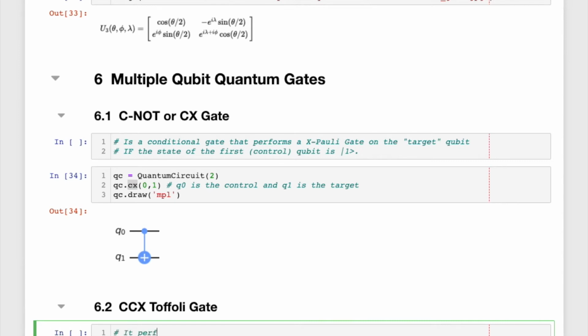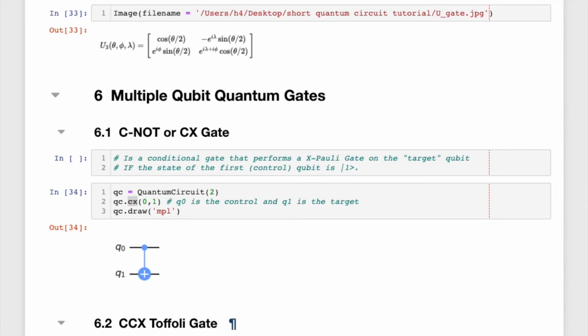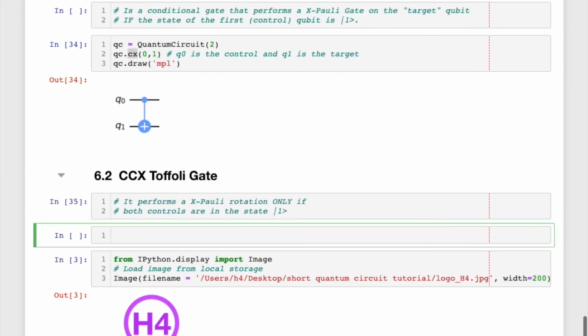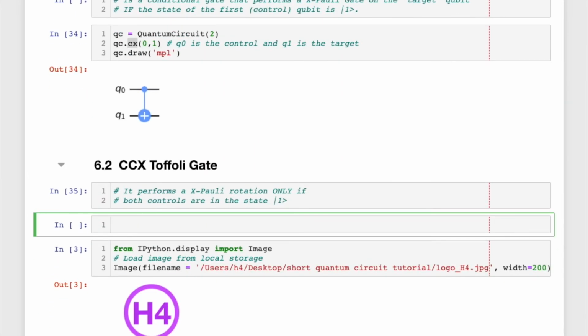It performs an X Pauli rotation only if both controls are in the state of ket 1. So it looks at 2 controls, and if both are in 1, then it rotates the target.